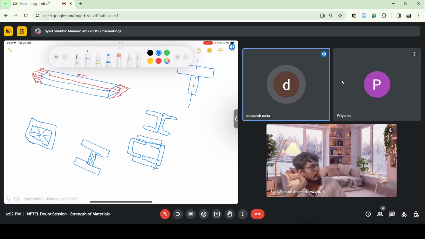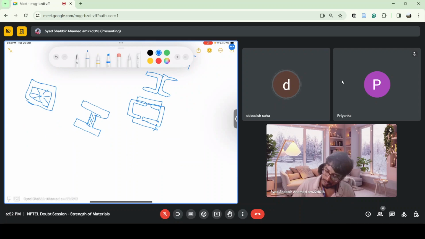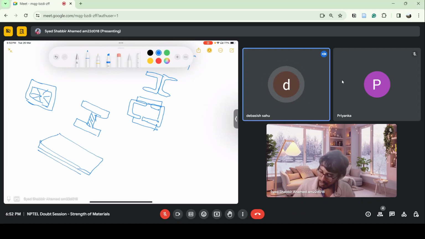So if we take two plates of 10 mm and 10 mm, and we rivet them. Okay, like you are saying, I have two plates and riveting them. Sir, in construction, I have seen that they rivet it.